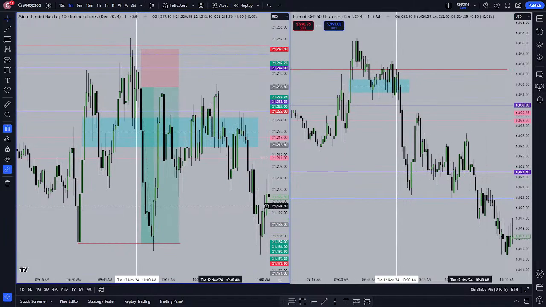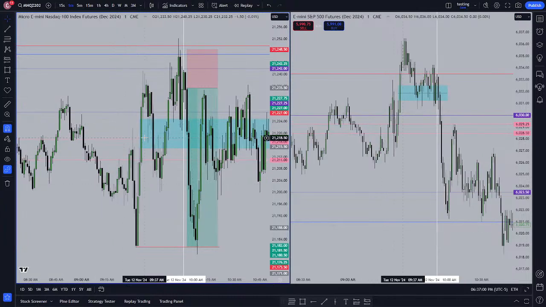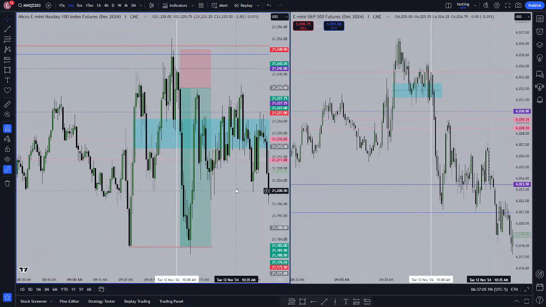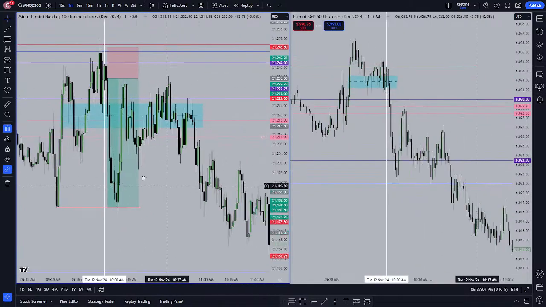And I wrote it down there. And you also do have a small SMT here that you could somehow try and get to those highs, but it's very choppy. This is why you wait for 10. 10 o'clock comes and you have a setup almost instantly.